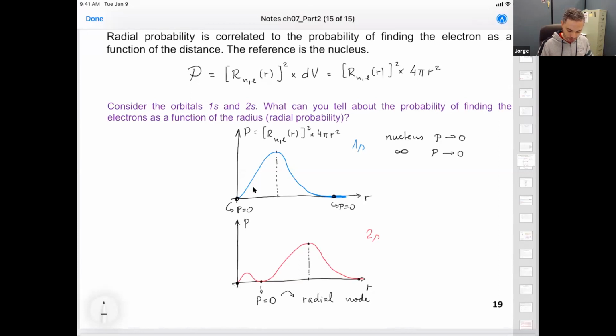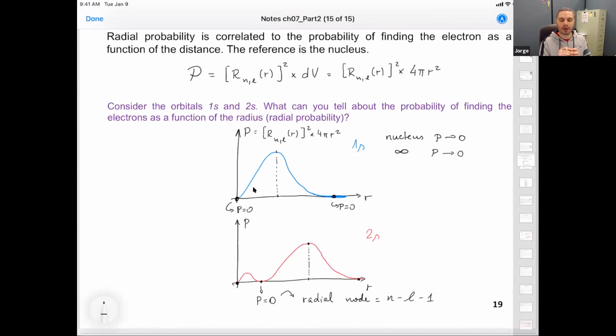And there is actually a formula to calculate the number of radial nodes, and that's equal to n minus L minus 1. For the first shell, n equals 1, we are talking about the s orbital, therefore L equals 0. 1 minus 0 is 1, minus 1 is 0.